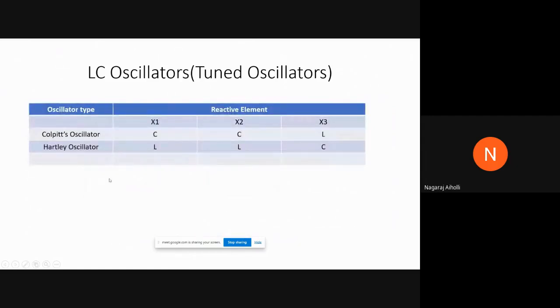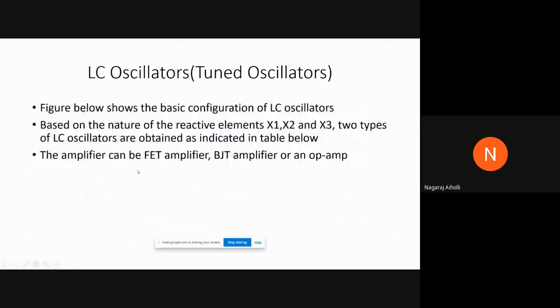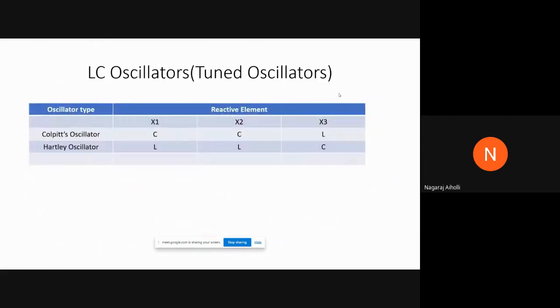So the LC oscillators, or tuned oscillators, or resonant circuits are classified as Colpitts oscillator if X1, X2 are capacitances and X3 is inductance, and Hartley oscillator if X1, X2 are inductances and X3 is capacitance.